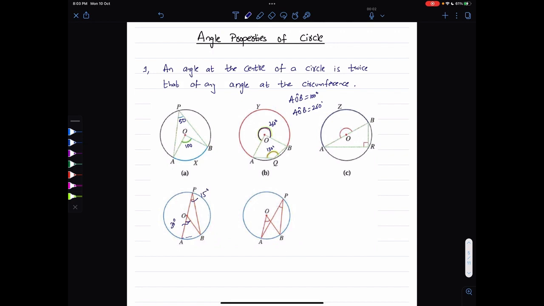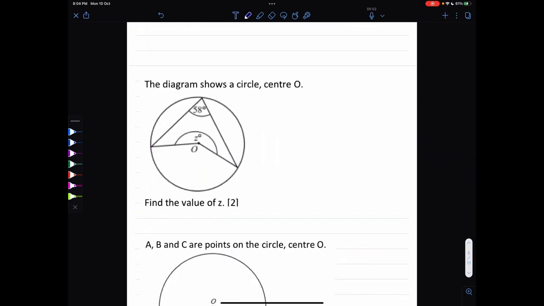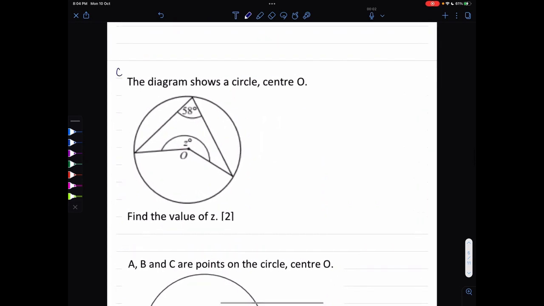The angle at the circumference is always going to be half of the angle at the center. Consider AB as a chord in this diagram. If this angle is, let's say, 20 degrees, then angle APB is going to be 10 degrees, half of the angle at the center.